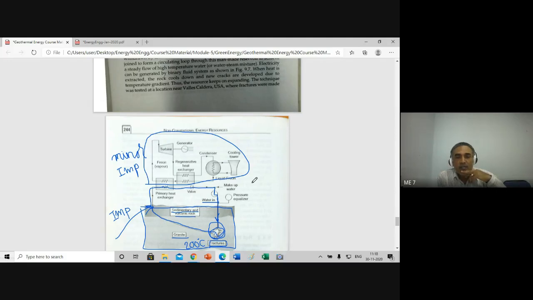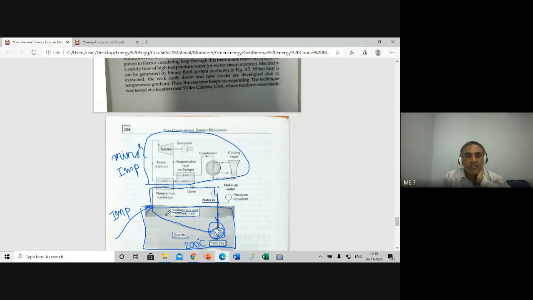Any type of geothermal power plant, the general one also, is like this. But when you say hot dry rock system, you should be specific with this diagram and this explanation.